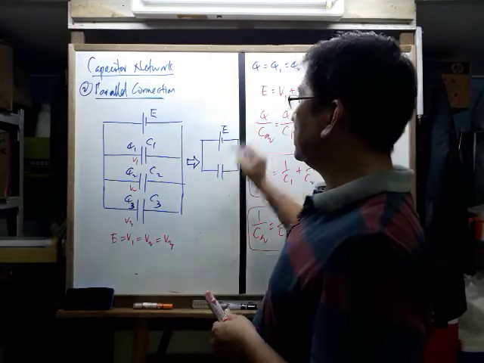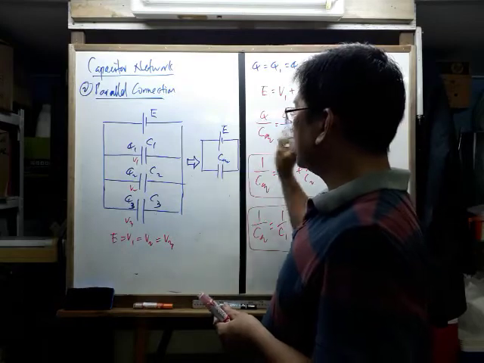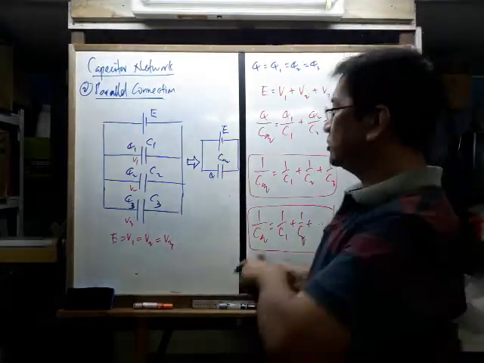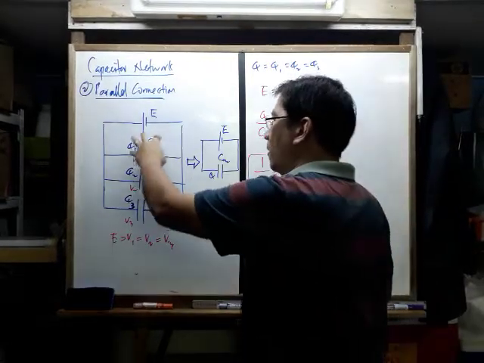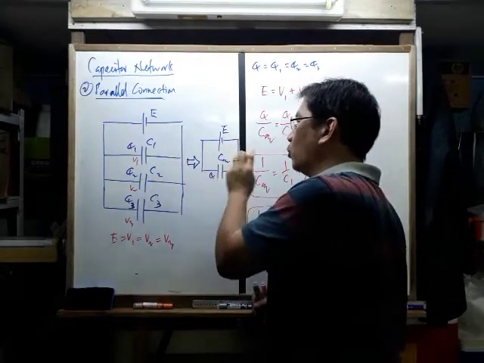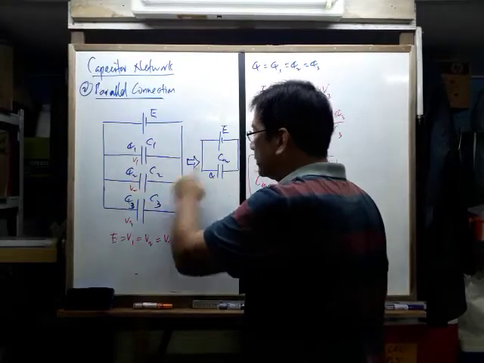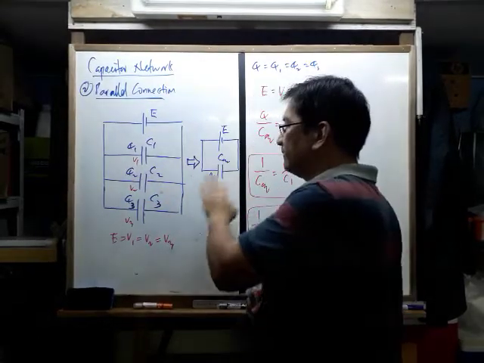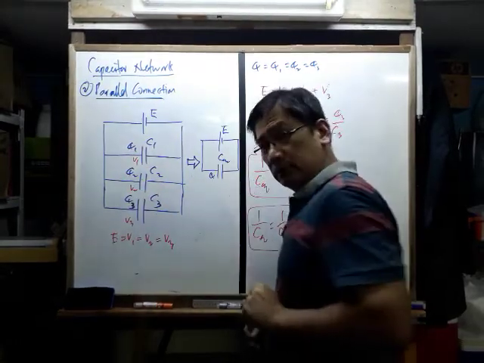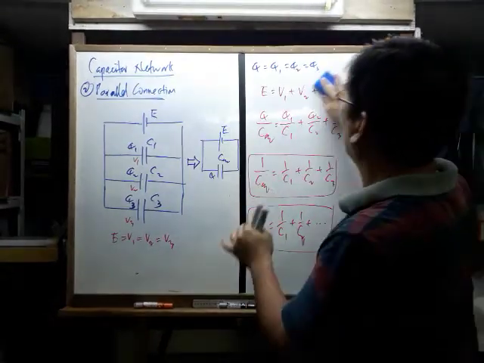The battery EMF is E, the capacitance is C equivalent, and of course the charge will be Q. If you compress them into one capacitor in parallel, their surface areas are combined. So when the surface areas are combined, we accumulate all their charges. That is how we start from there.